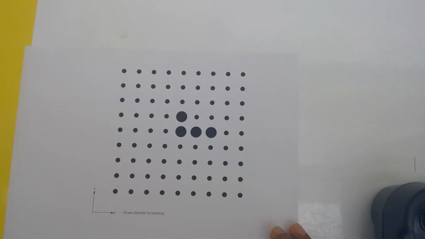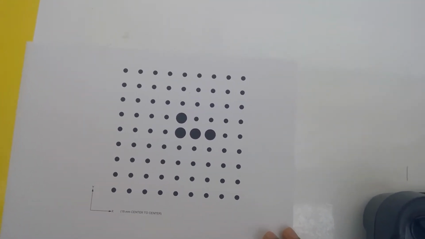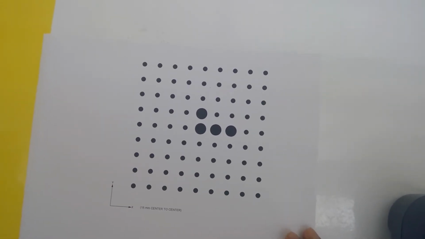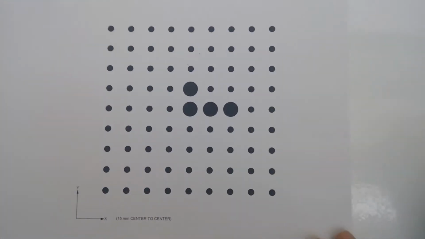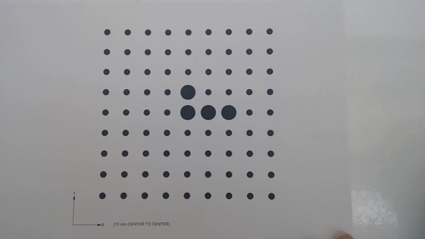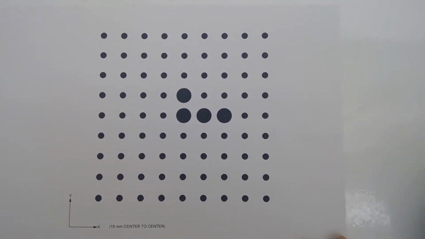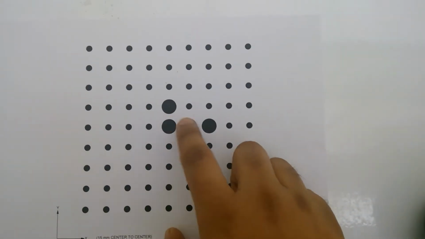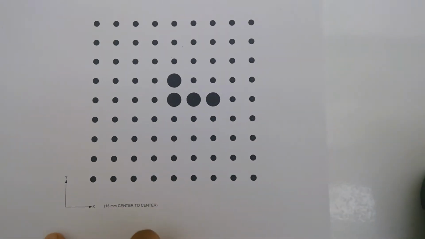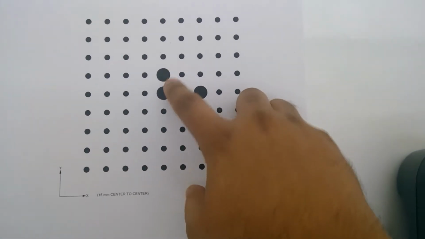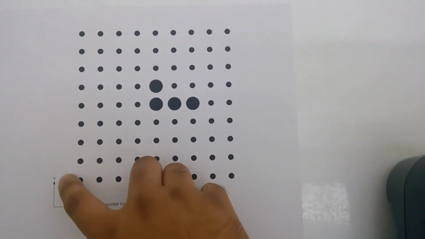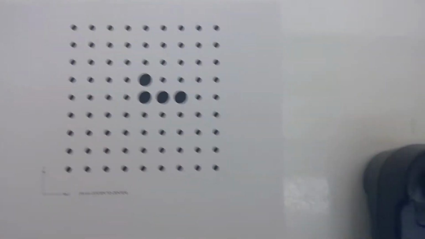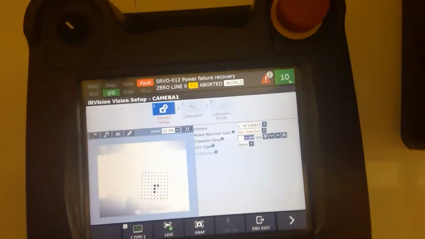That's nice. So let me show you, this is our grid. You will use this for calibration, and it has 15 millimeter center to center distance from one dot to another, and these three dots indicate the x-axis, and these two dots indicate the y-axis. Okay, let's come back here on the screen.